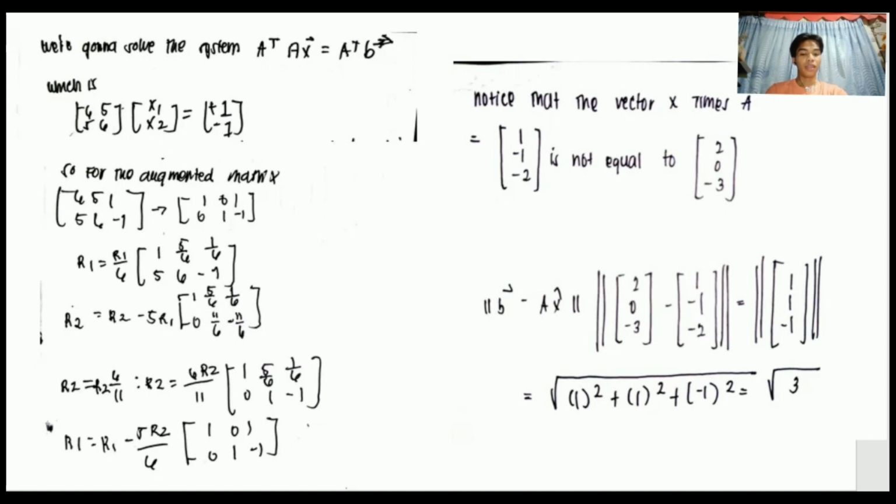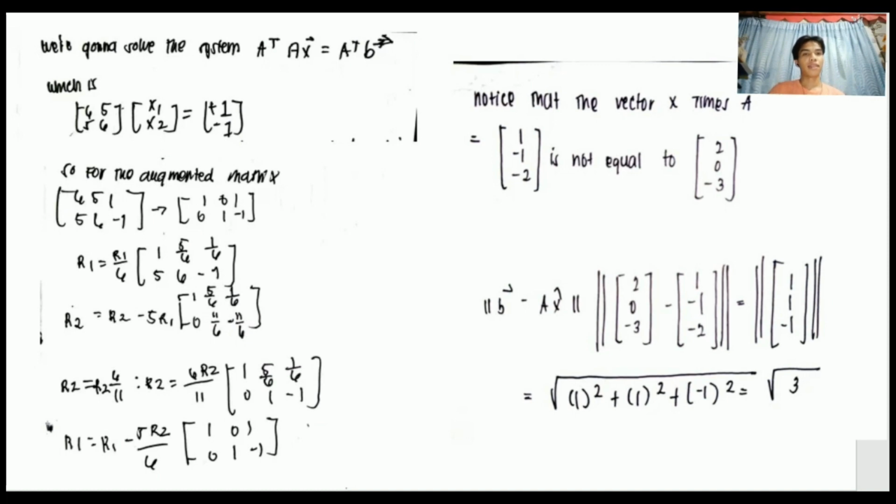So it will be 0, 1, and negative 1. The same for our R1, we need R1 minus 5 times R2 over 6. That's why we get row 1 as 1, 0, 1, and row 2 as 0, 1, negative 1.